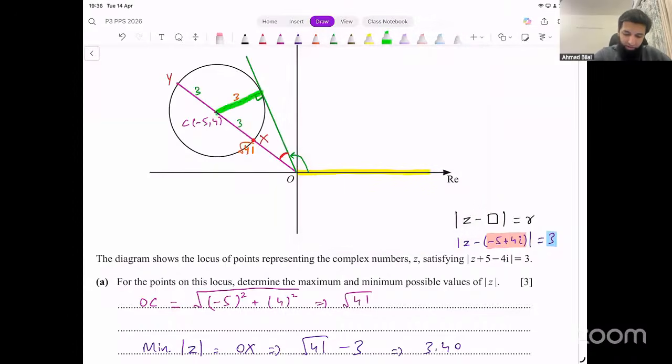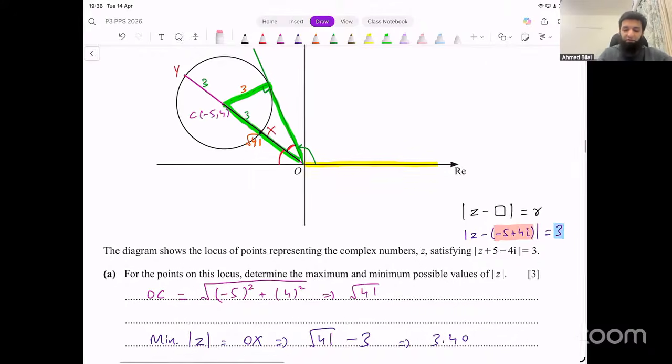Once we've got that, we could also find the angle outside here, because we know this point, this is -5 and 4. And then we could say angle on a straight line is pi, subtract from pi this angle inside the right triangle and this angle, and you'll get that argument that you're looking for.